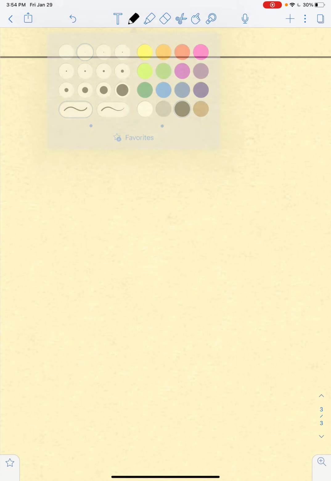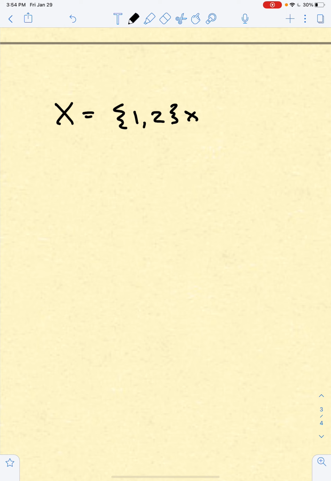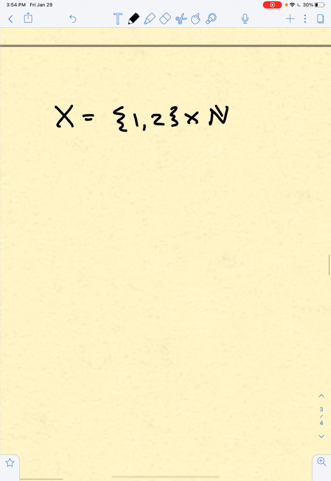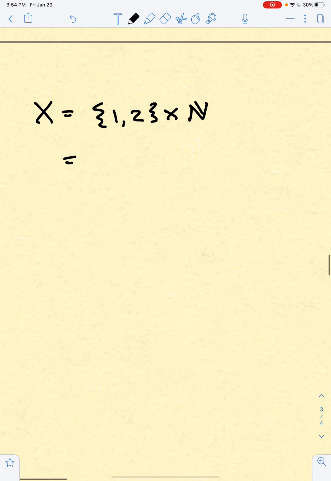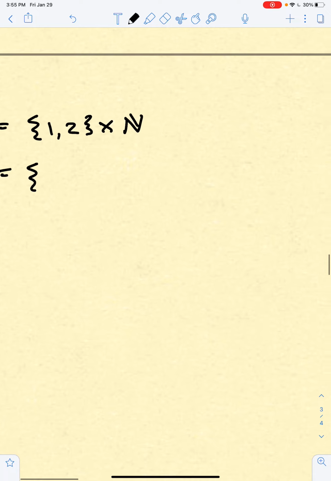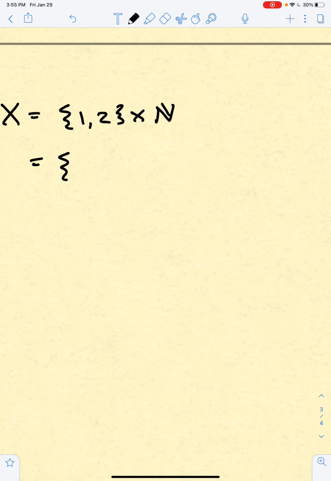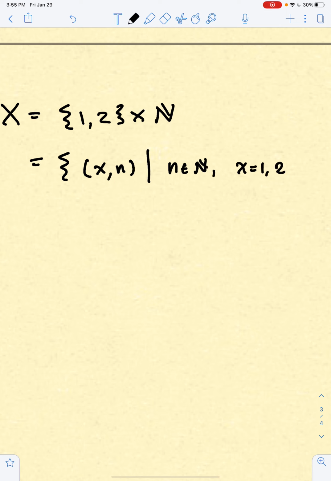Another one that would be cool to talk about, in the sense that I'm going to define it and then not do the work, and ask you guys to do it. Look at the set X, which is {1, 2} cross the natural numbers. This looks like all ordered pairs of the form (x, n), where n is a natural number and x is equal to either 1 or 2.